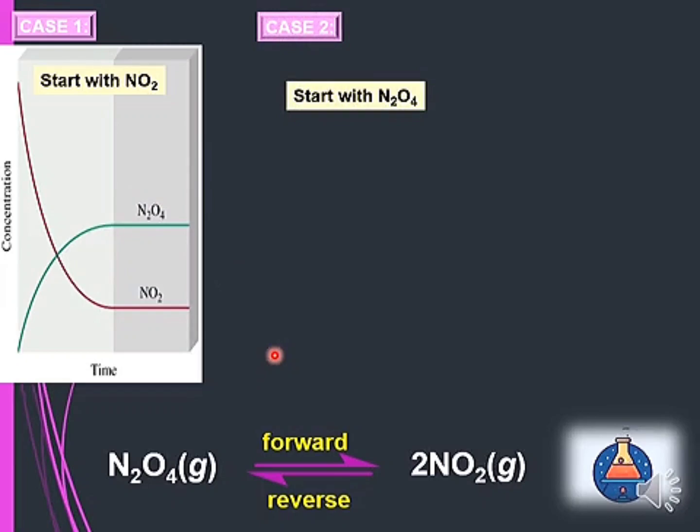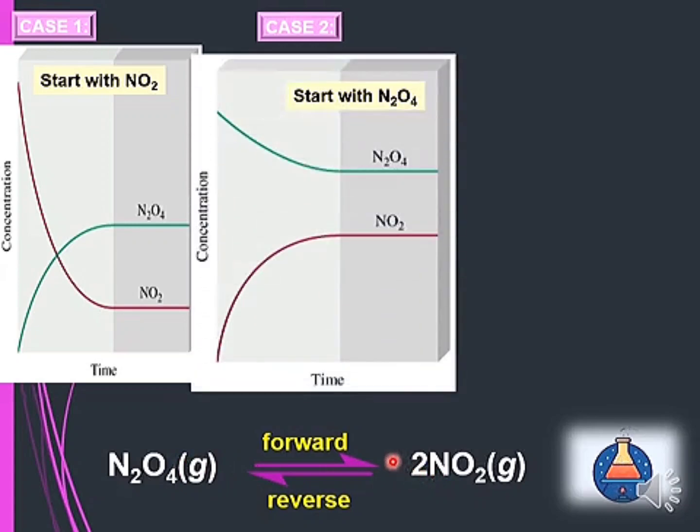Okay, we look at the second case. If we start our reaction with N2O4. Okay, so daripada left dia akan pergi kepada right. Okay, so ini yang dipanggil sebagai forward reaction. Okay, ini forward reaction ni adalah reaction yang biasa berlaku apabila you buat chemical equation. Okay, so kalau dia bermula dengan N2O4, bermaksud N2O4 akan berkurang and NO2 akan bertambah.